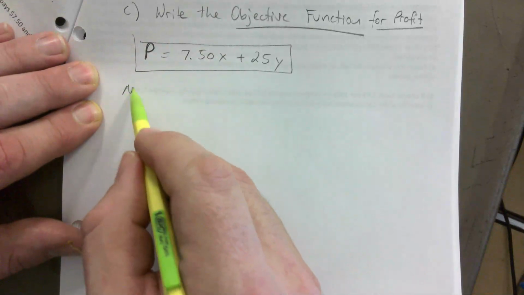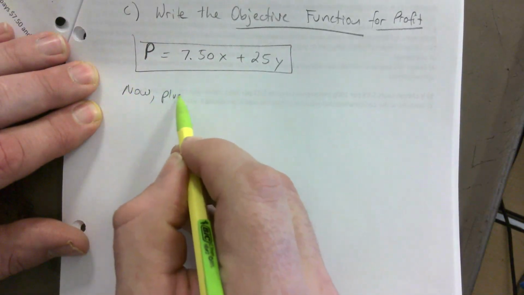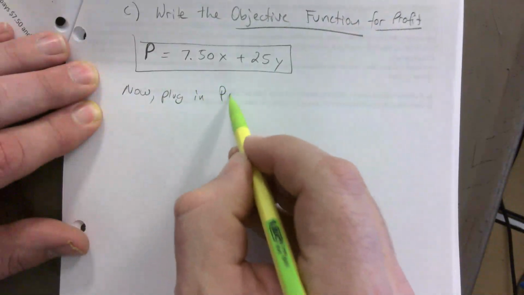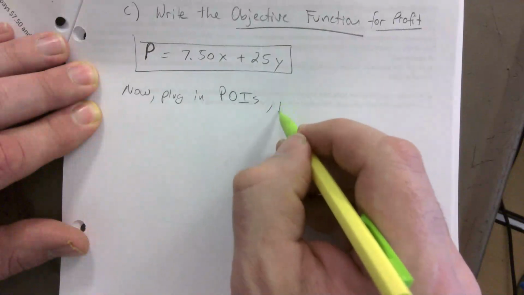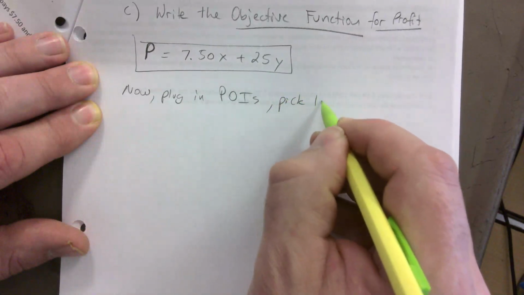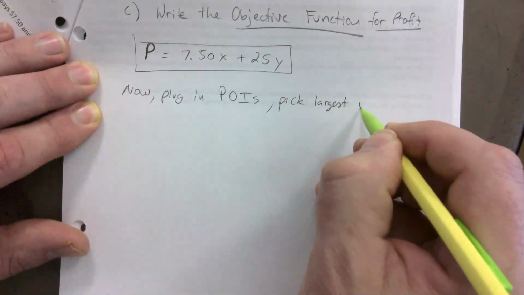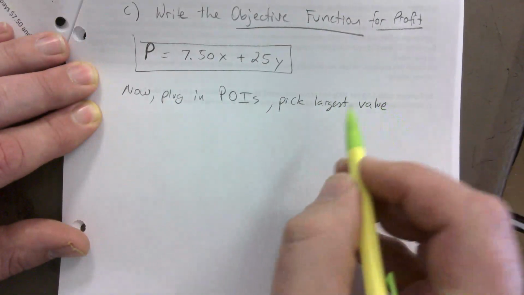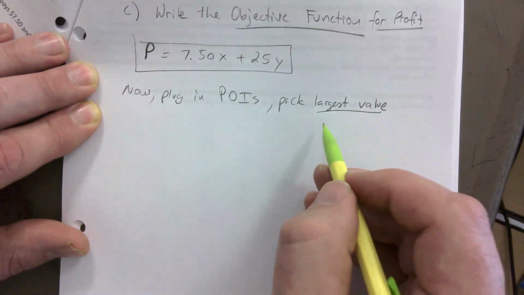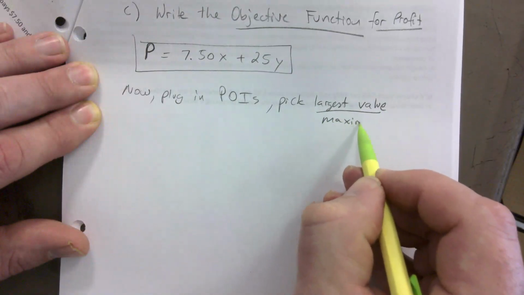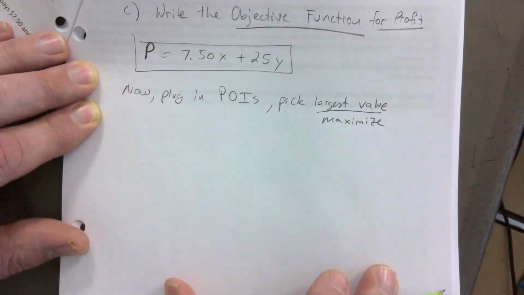And now, plug in POIs. Pick the largest value. Why largest? Because it says maximize, right? Maximize.